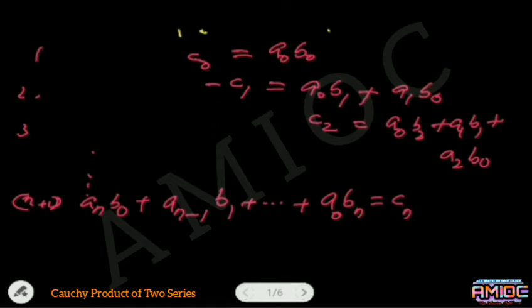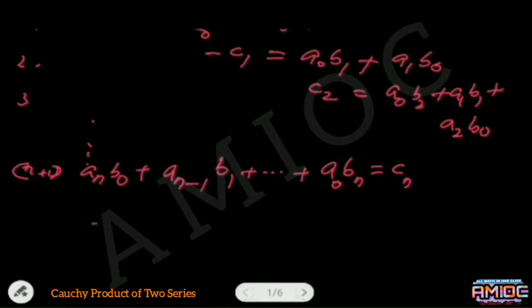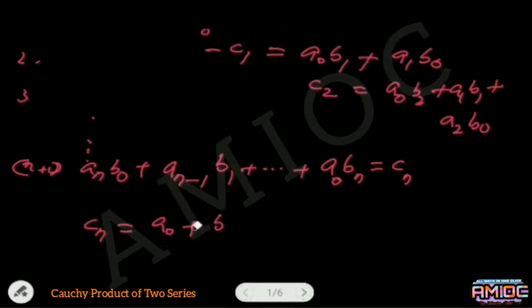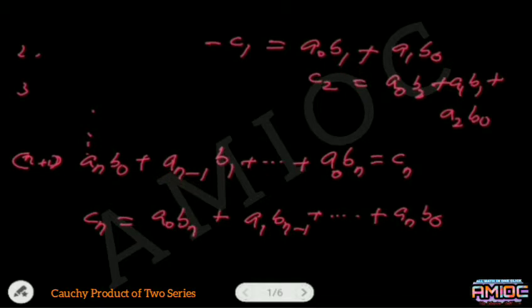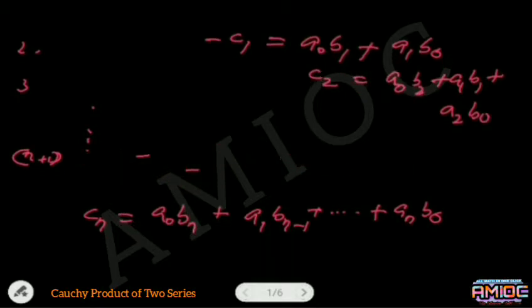And similarly, cn is equal to a0 bn plus a1 bn minus 1 plus etc. plus an b0. I am erasing this expression.